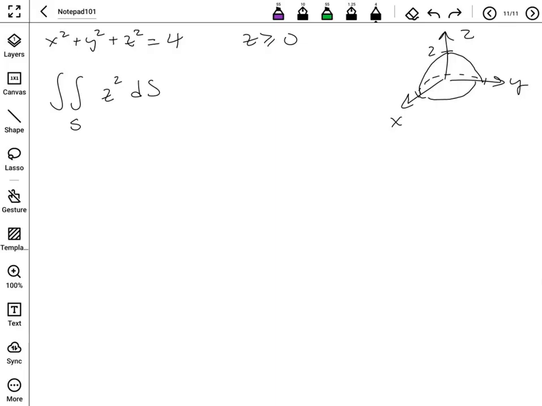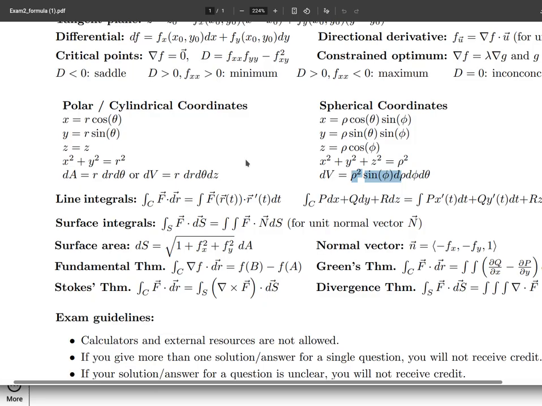I'm going to start setting this up in Cartesian coordinates. I imagine at some point I'm going to switch to something easier to evaluate, but for now, let's go with what matches how I want to set up all my formulas. So this is a surface integral.